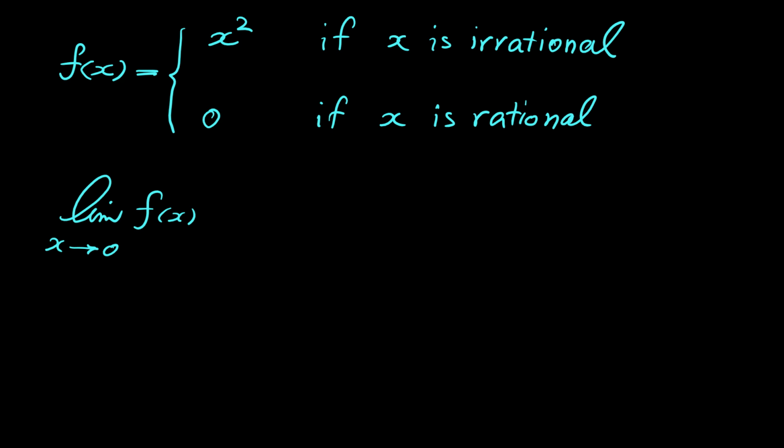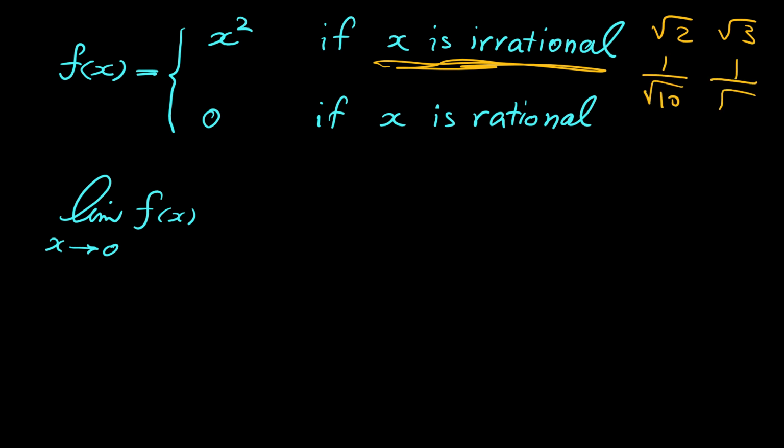Before we start finding the limit, let's focus on the definition of this function. If x is irrational, and if you remember, irrational numbers are numbers like radical 2, radical 3, 1 over radical 10, 1 over radical 2000, pi over 200. These numbers are irrational.